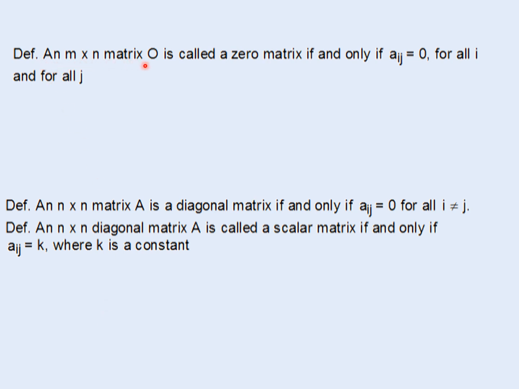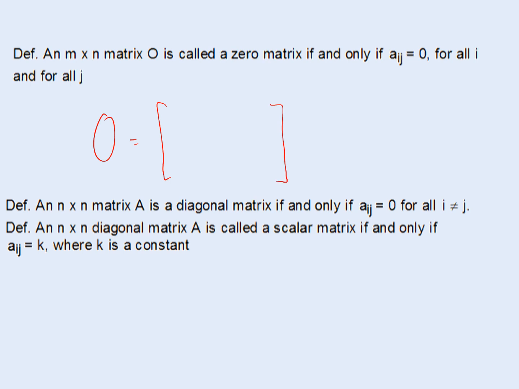An M by N matrix O is called a zero matrix if and only if aij is equal to 0 for all the i's and for all the j's. So, simply put, matrix O or matrix 0 is a matrix where all elements are 0.